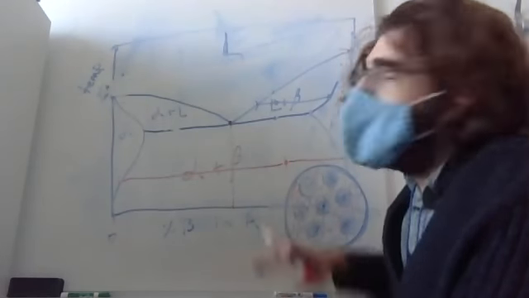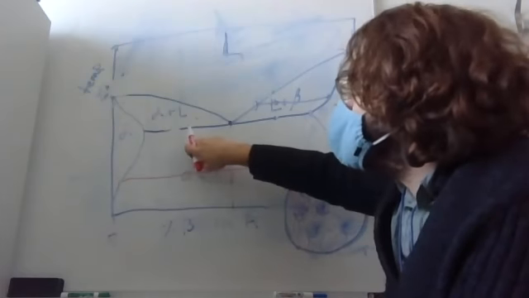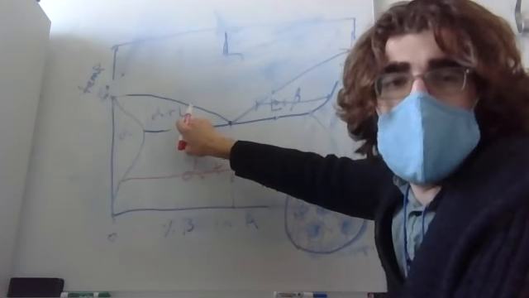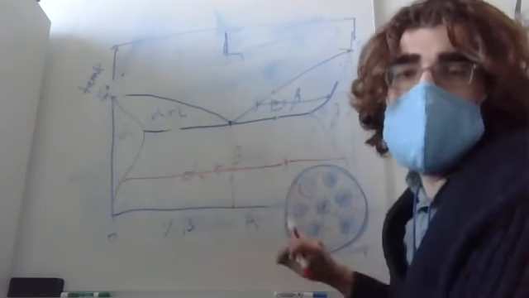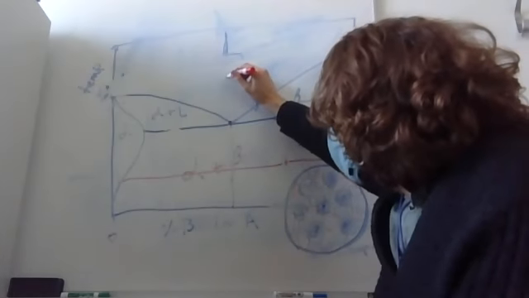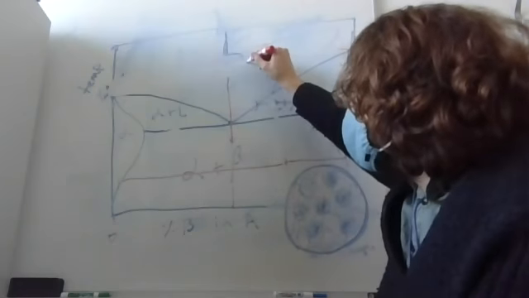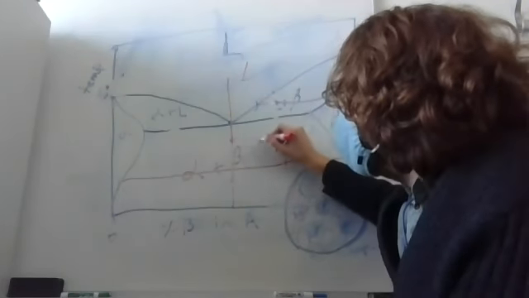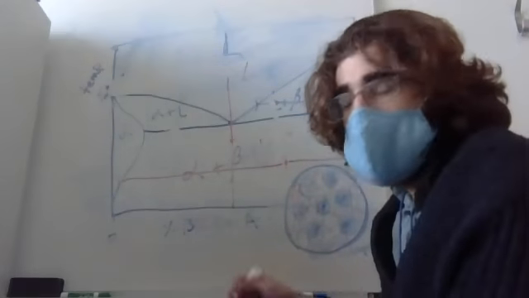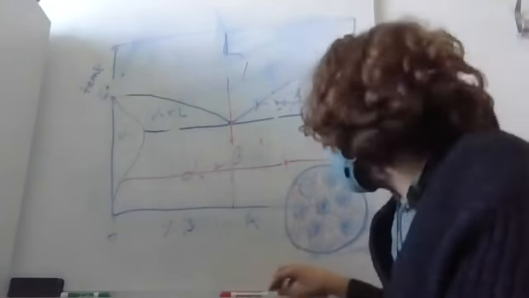If you traverse any other composition, you have to go through this alpha plus liquid phase or this beta plus liquid phase. You have to go through the transitional step. But if you go directly through this eutectic point, you go directly from a liquid to an alpha plus beta phase, right?